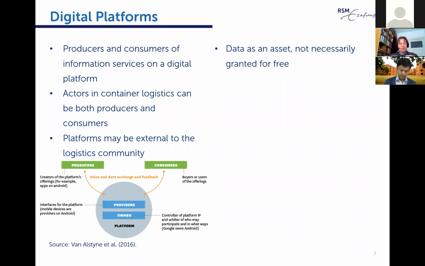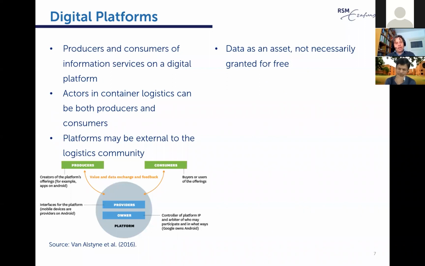But they may also be consumers of those advanced information services. The interesting thing is that the platform economy and platform business models are very much able to accommodate this. But this was also a discussion in the collaborative systems. There was a typical discussion of a port operator saying, look, I'm not very happy. I'm paying a fee to make use of this port community system.